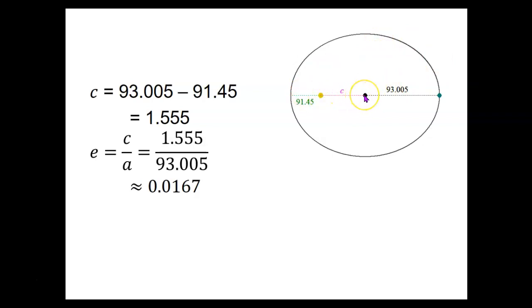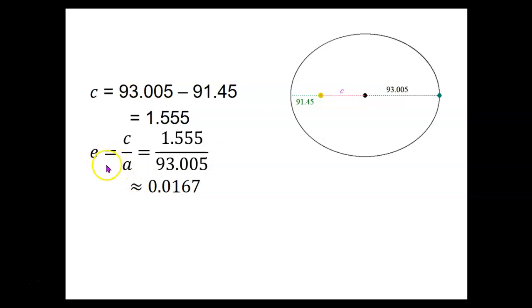We have enough information to figure that out because we can take a, from the center to the vertex, minus the distance from the focus to the vertex, which was 91.45, and that would give us c. So c comes out to be 1.555. So the Sun at one focus of that ellipse is about 1.555 million miles away from the actual center of the Earth's orbit.